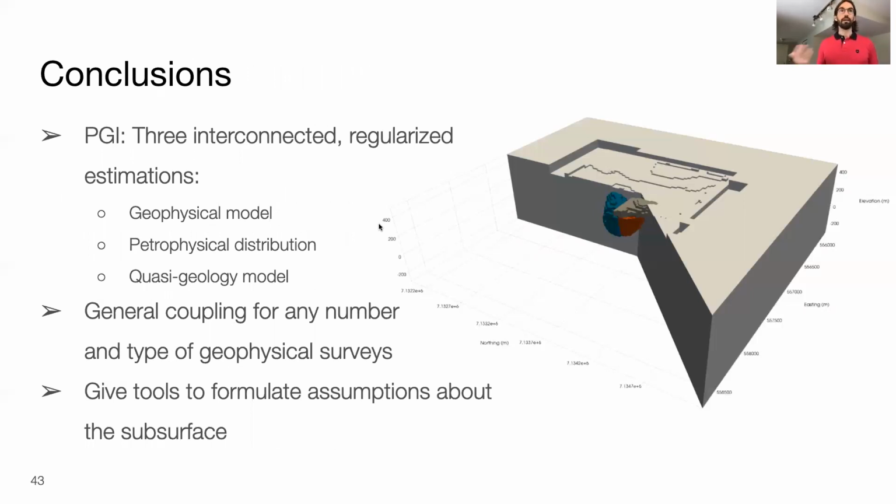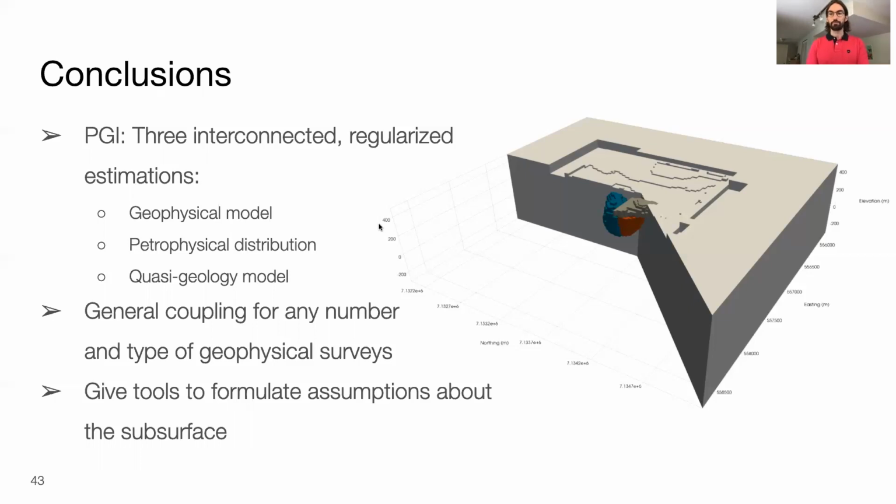So, as a summary, I consider the inverse problem now as 3 interconnected estimations: the geophysical model, the petrophysical distribution, and a quasi-geology model. And this framework is quite general. It doesn't depend on the geophysical method you use. We solve everything as a nonlinear problem, and so we can couple any type of geophysical data together.